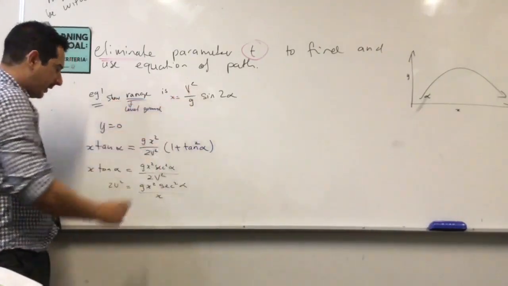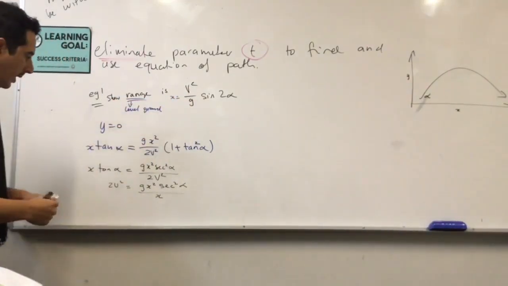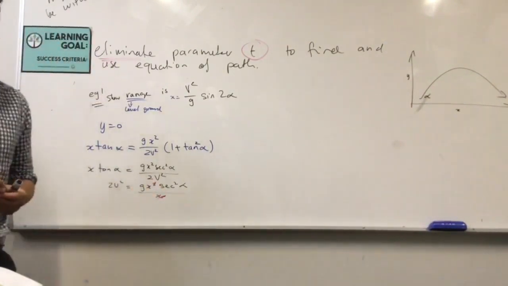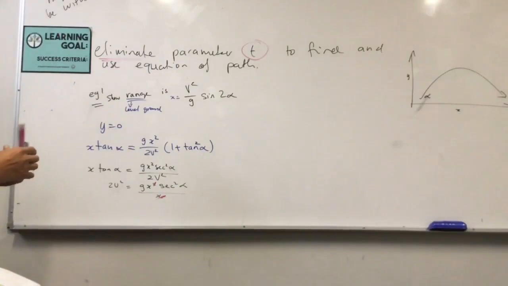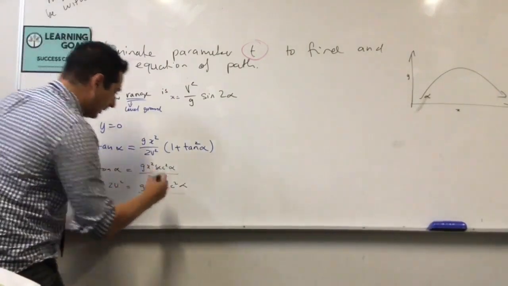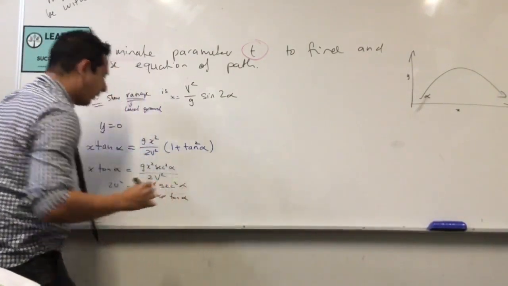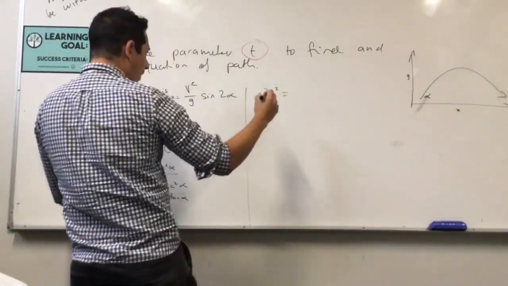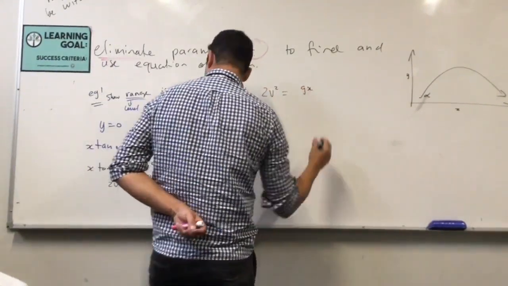By moving the x down here I can cancel out one of the x's, can't I? Have I missed something? Tan alpha. Let's go 2v squared equals, and we'll go gx, alright?